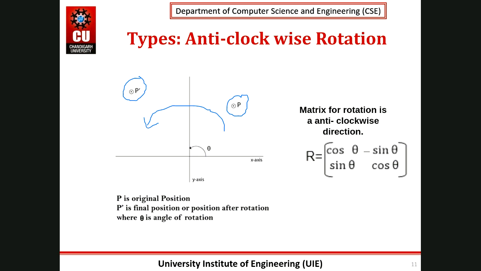The only difference is the negative sign. I hope you remember that in the clockwise direction, the negative sign was with this sine theta, and this was positive. The only difference is the negative sign with the sine.